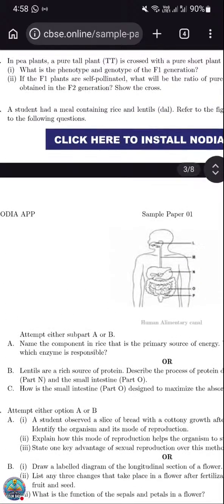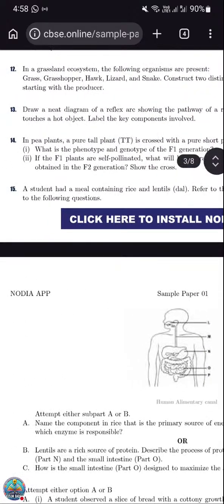Okay, here the next question: in the F1 generation, what is the phenotypic and genotypic ratio?